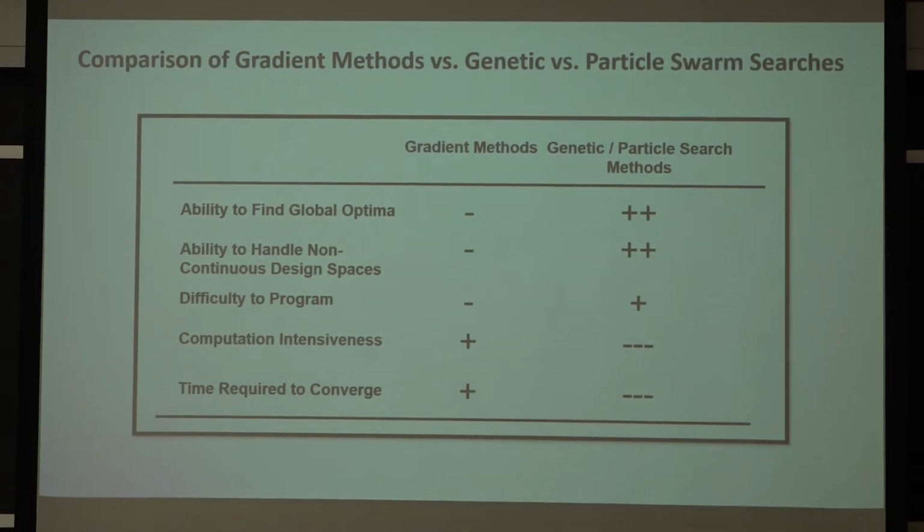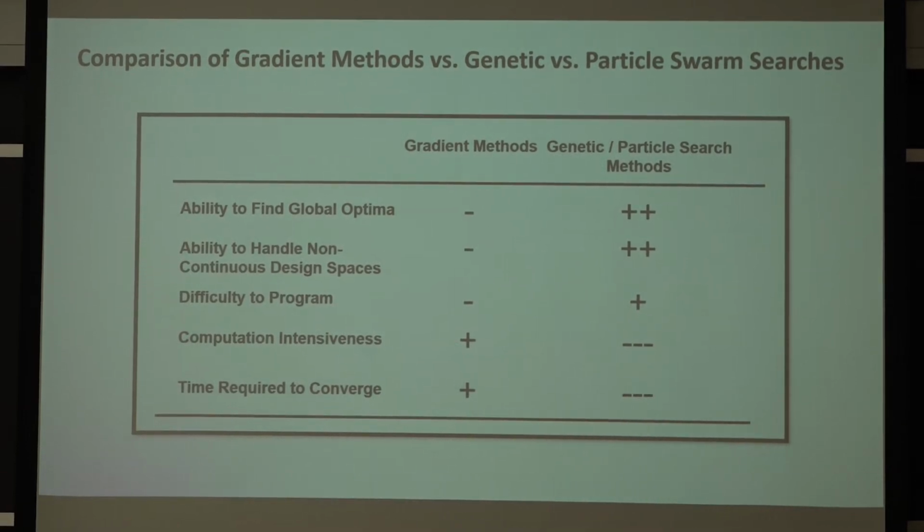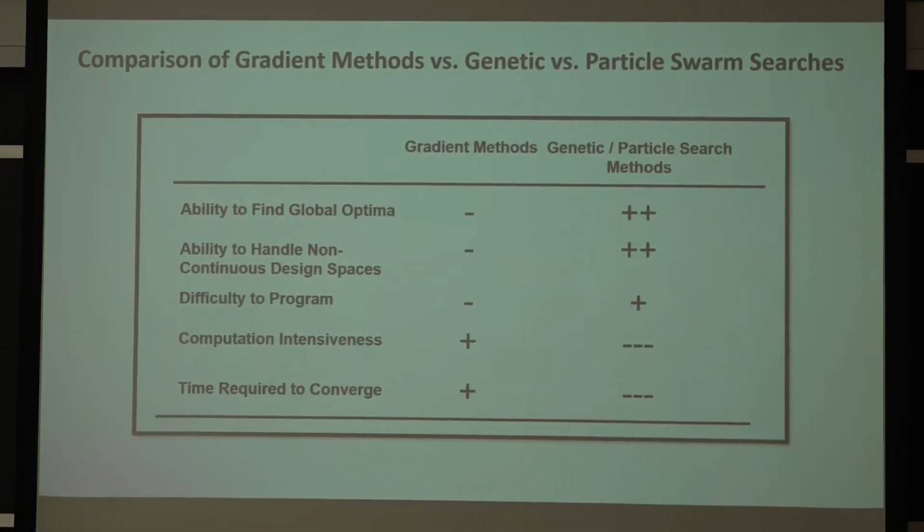In general, the genetic approach and the particle swarm approach are better at finding global maximum and minimum because you're seeding in so many different areas. They also tend to be more computational, right? You have to use a lot more calculations to figure out where all these different particles or different populations are going.